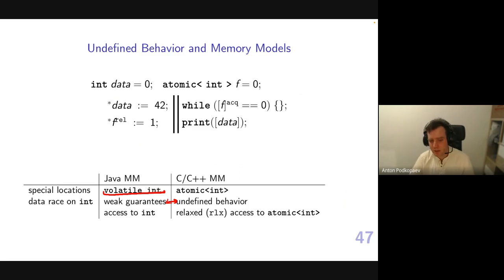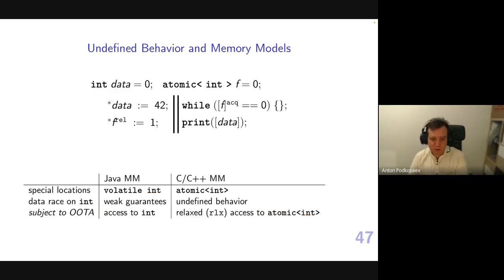In C++, any outcome is allowed if you have a data race on a normal memory cell. The counterpart of normal accesses in Java is relaxed accesses to atomic int. They also have weak guarantees if there is a data race on relaxed accesses. However, it does not lead to undefined behavior, unlike accesses to normal ints.